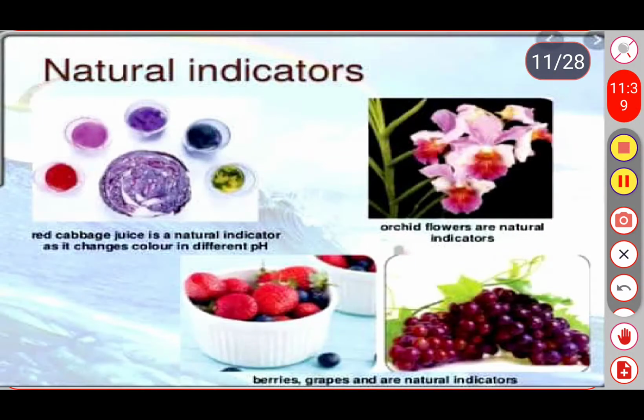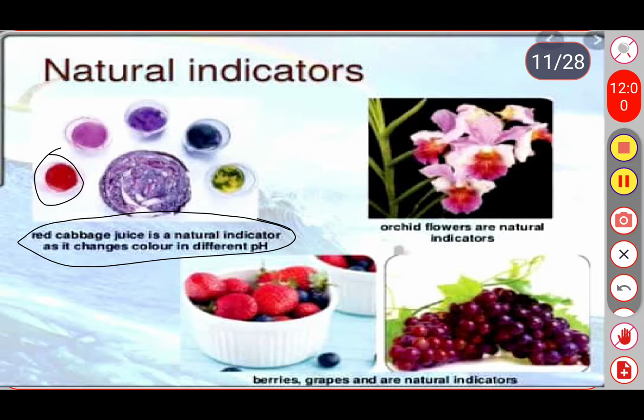Here are some more natural indicators. Red cabbage juice is a natural indicator as it changes color at different pH values. At lower pH it shows red, then pink, purple, brown, and green.